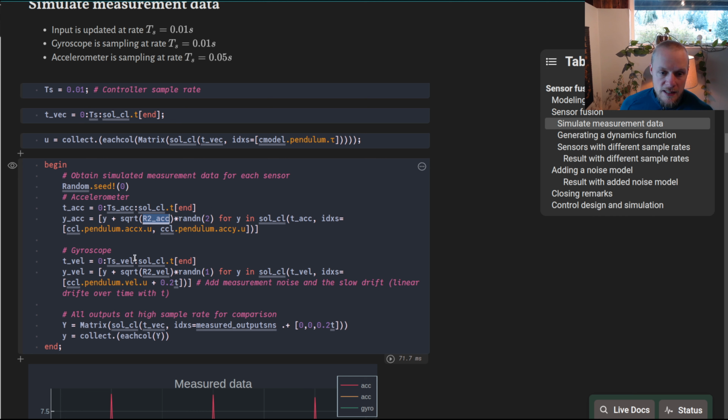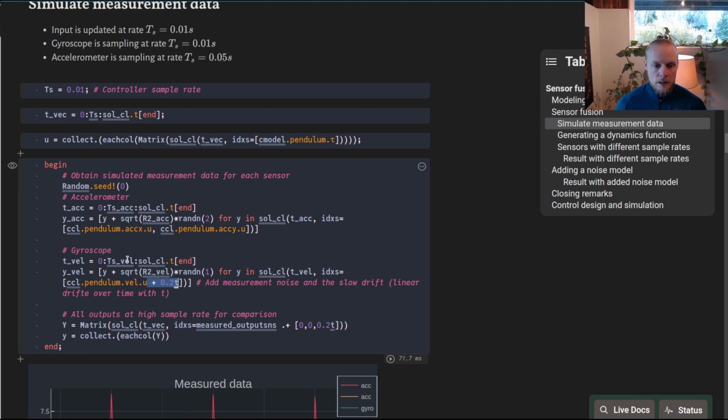And then I will do the same thing for the gyroscope. So I call that Y velocity. And here I have a different covariance matrix, and I have a different sample time here. So this is 100 Hz and this is 20 Hz. And then to the gyroscope, I add a small amount of drift. So here I add a linear drift, 2 times time. So this is just a linear slope over time.